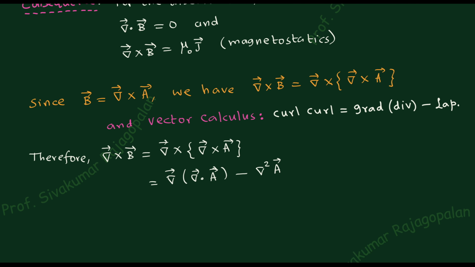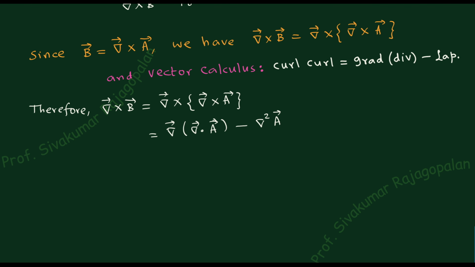And now comes the Coulomb gauge. So you know now what the Coulomb gauge is. There is a del dot A, which is what we have been discussing for a long time now. If you are going to use the Coulomb gauge, the meaning is del dot A is 0. That is the meaning of saying Coulomb gauge. And therefore the previous equation becomes simple now.